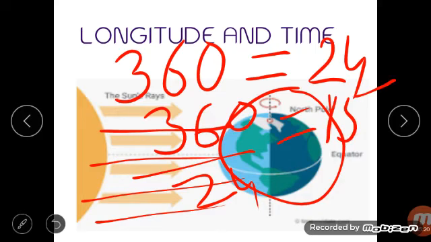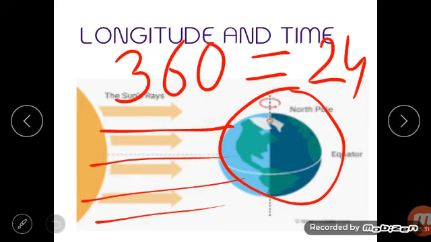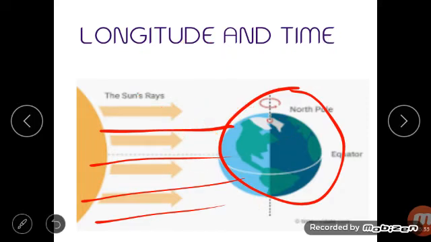You can divide and get it. So the earth rotates through 15 degree of longitude in 1 hour. How do we get the time for 1 degree? You got 15, okay children. So 15 degree is equal to 1 hour.